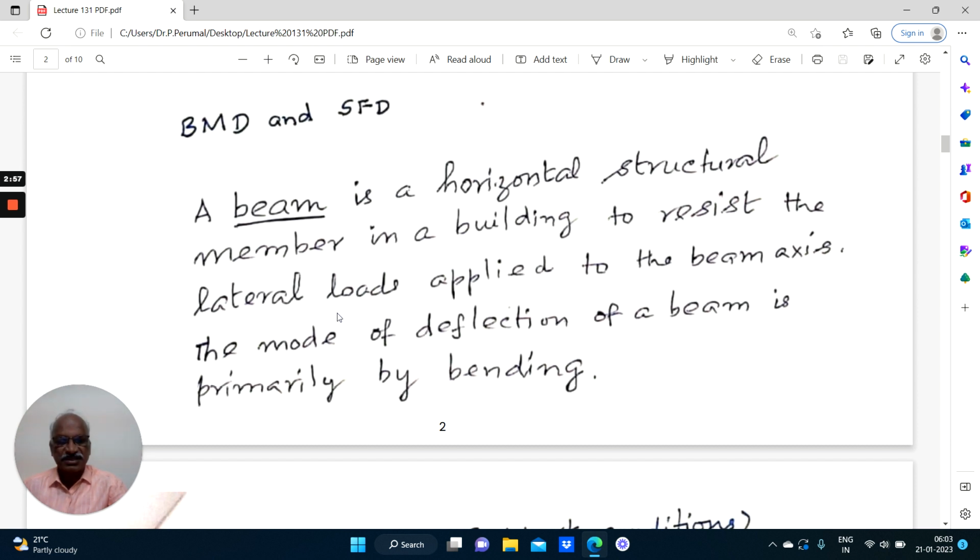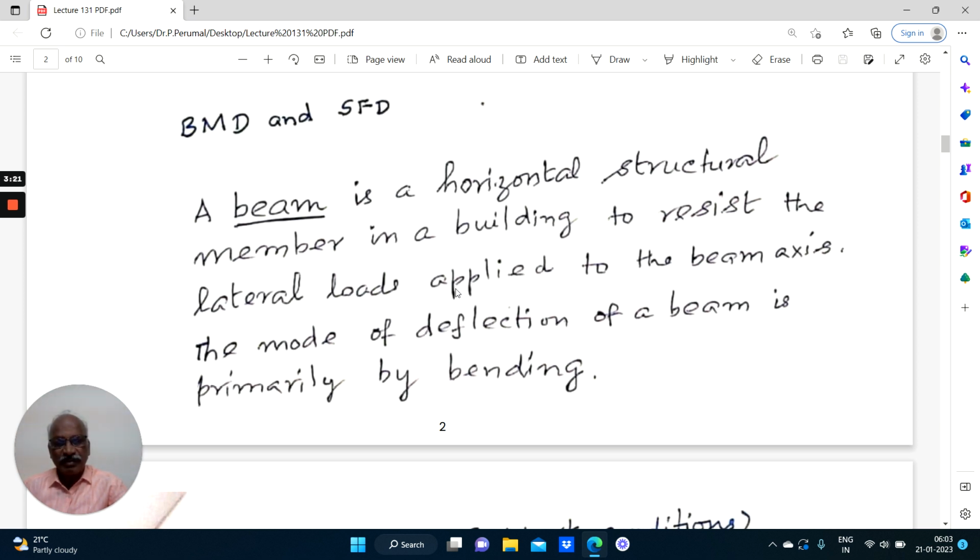The mode of deflection of a beam is primarily by bending. So this is a very basic definition, because a beam need not be always horizontal. It can be inclined, it can be curved, it can be almost vertical also, right? So similarly, to resist lateral loads applied to the beam axis.